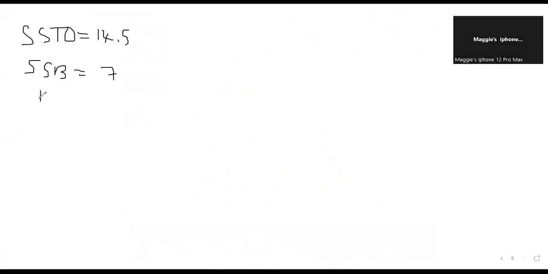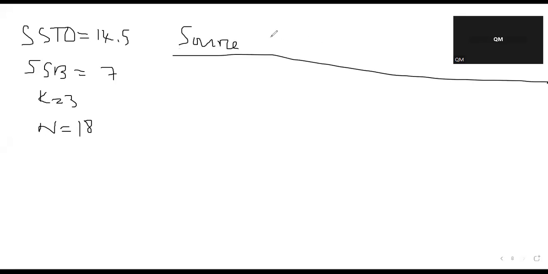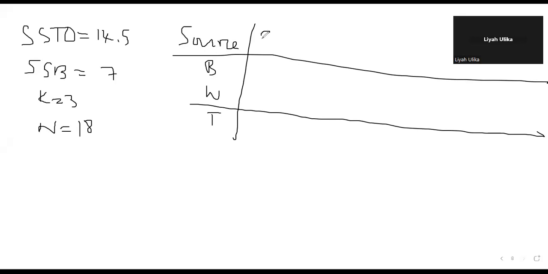And our k was what? 3. And our n was what? 18. Okay. Are we ready to go? Yes. So the three sources of variation we have are between, within, total.